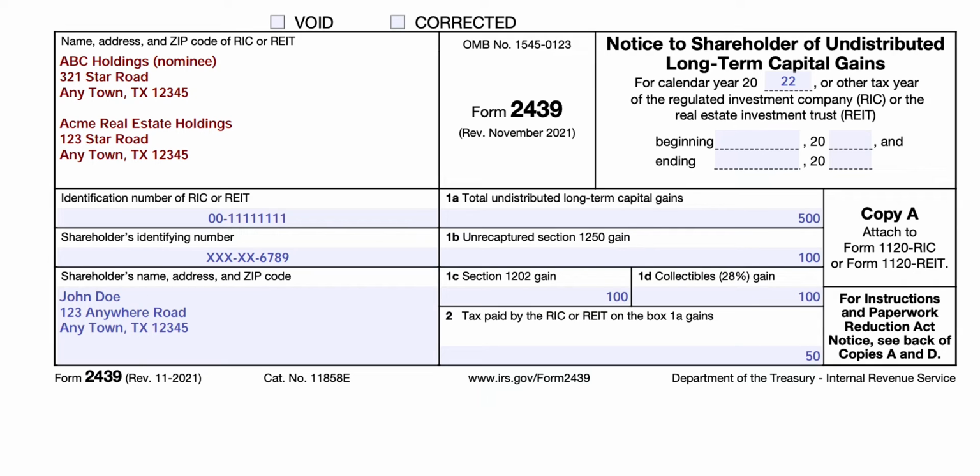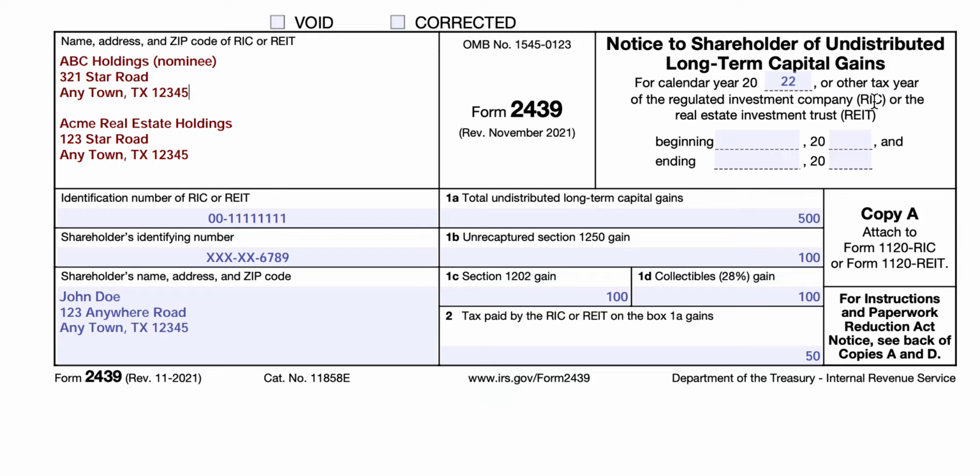And then they would keep copy D of the original for their records. So a nominee has 90 days after the close of the tax year for the RIC or the REIT to complete the steps as outlined in the form instructions and give you a copy.